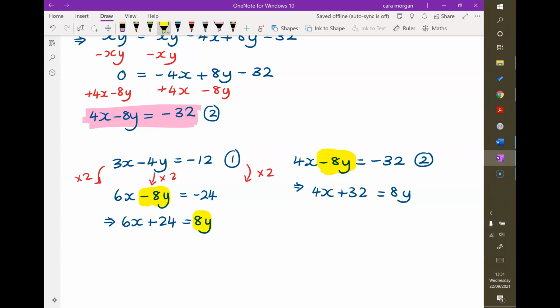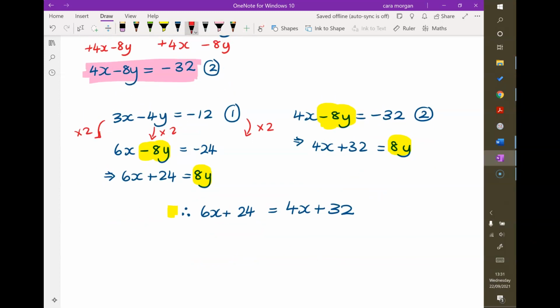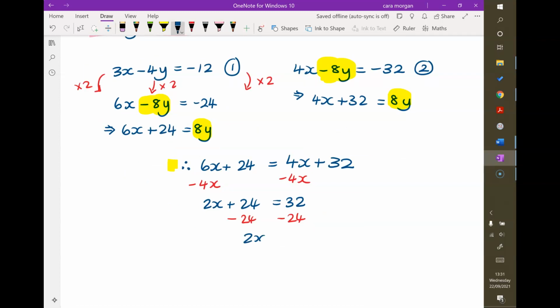Those two equations both give me 8y, which implies that 6x add 24 must be worth the same as 4x add 32. I'm going to subtract 4x from both sides, so I get 2x add 24 is 32. If I subtract 24 from both sides, I get 2x is equal to 8. I can therefore see that x must be 4.